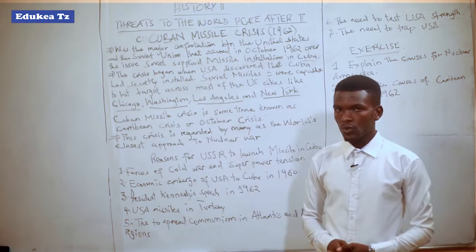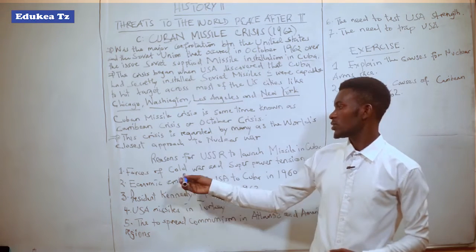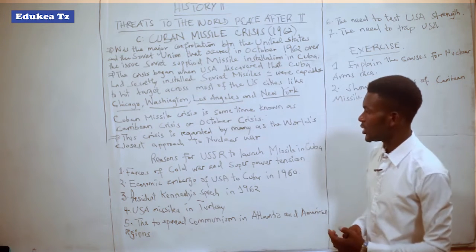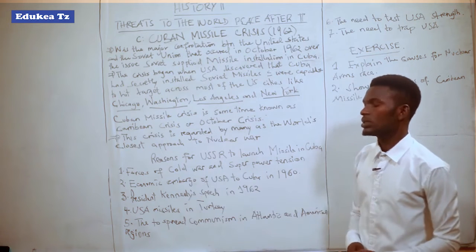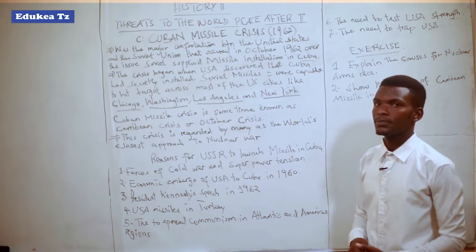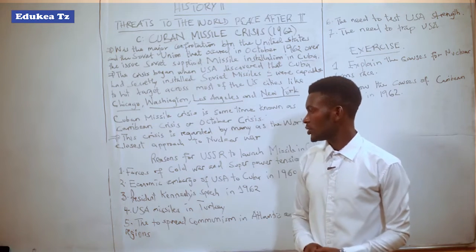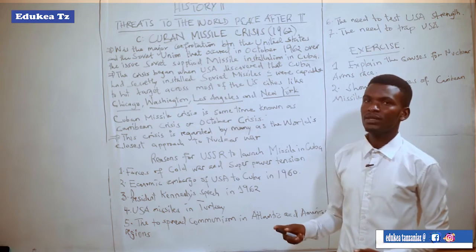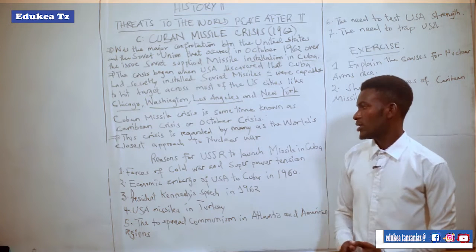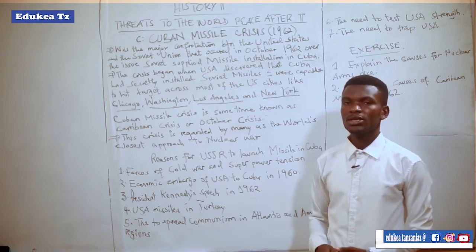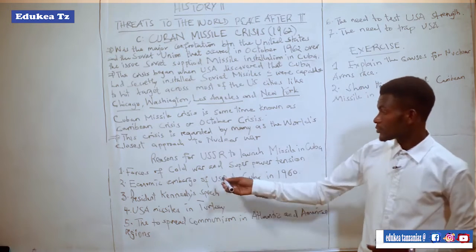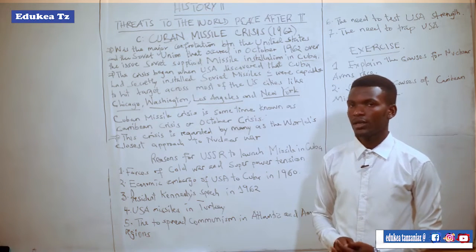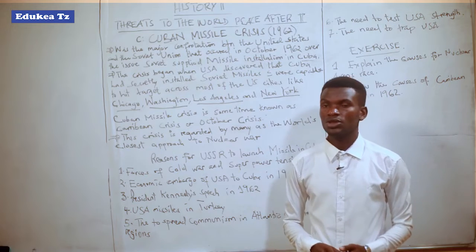This was due to the introduction of a military base in Turkey by USA, which angered USSR to launch the missile in Cuba, targeting the influential cities in USA.